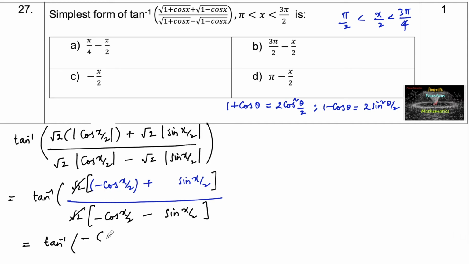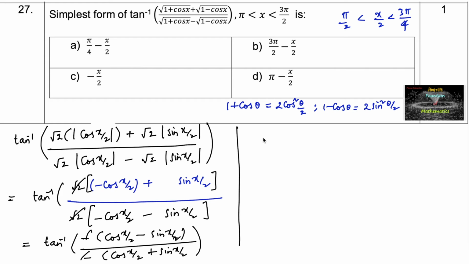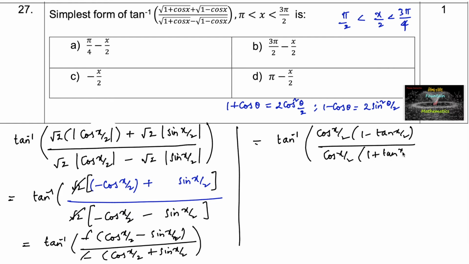If I take minus common, cos x by 2 plus sin x by 2, in the denominator also minus common, so minus minus cancel, and we get tan inverse of (cos x by 2 minus sin x by 2) upon (cos x by 2 plus sin x by 2). Taking cos x by 2 common, 1 minus tan x by 2 upon 1 plus tan x by 2.